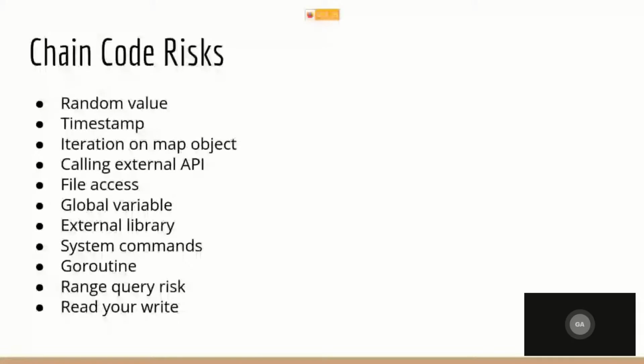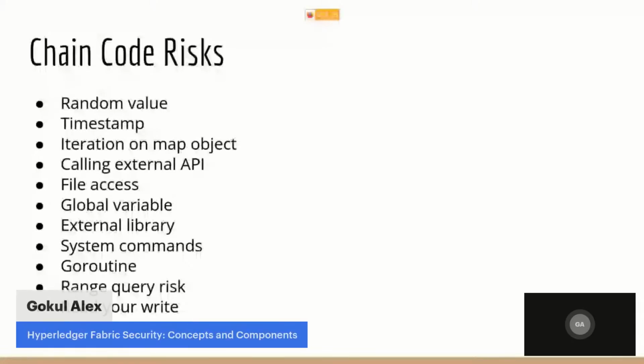But if your functionality mandates the use of them, you have to be very careful using them, especially with randomness, timestamp, Go routines, external libraries, global variables, etc.